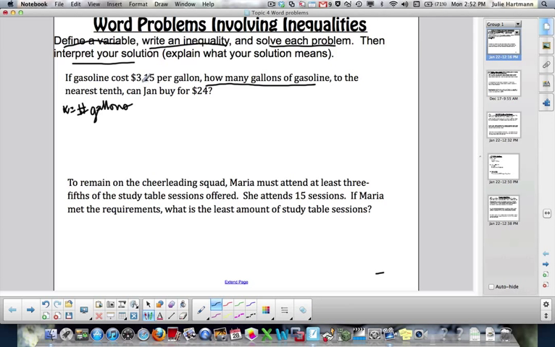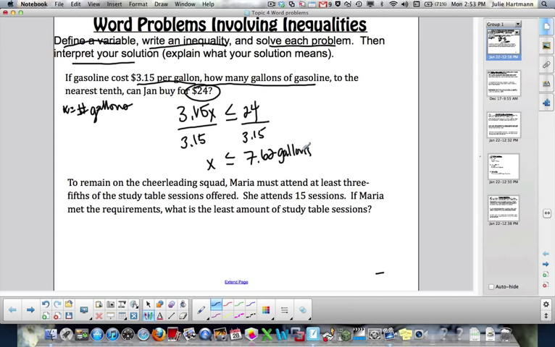If it costs $3.15 per gallon, $3.15 times x, she has $24, so that means she can spend less than or equal to $24. And that's it. We solve by dividing by 3.15. You get x is less than or equal to 7.62 gallons.